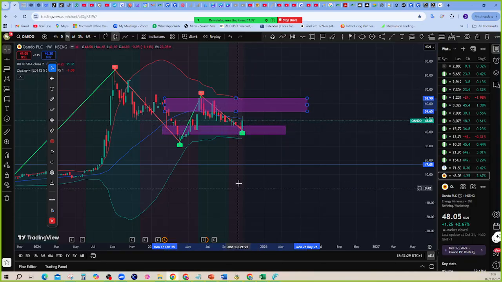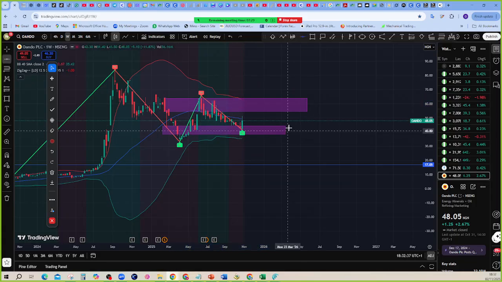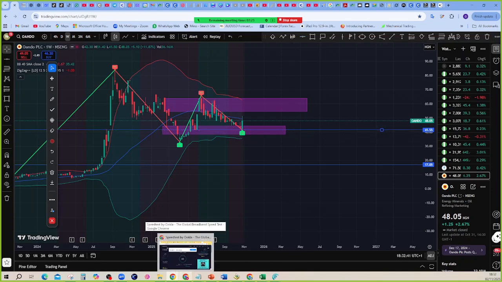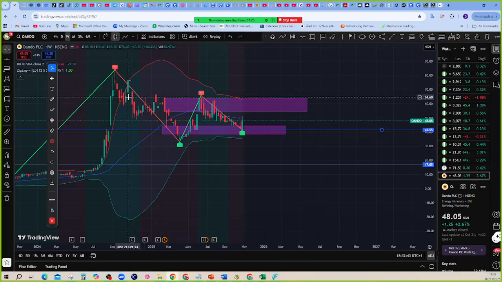Let me now tell you what I'm expecting. Because this signal is at a key level, I will mark this level as a value swing. So this is a value swing. If you can get this stock at 41 naira, 55 kobo, or around that price this week, that is actually good.